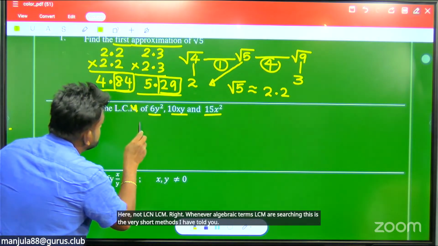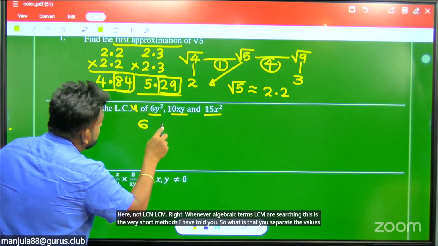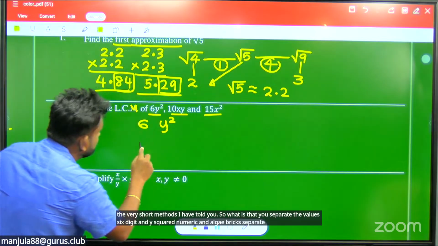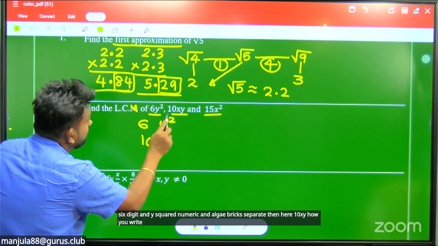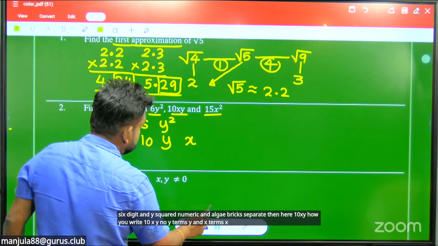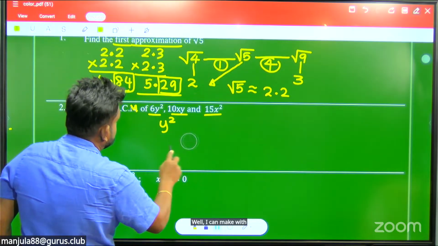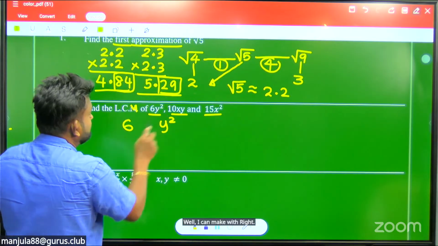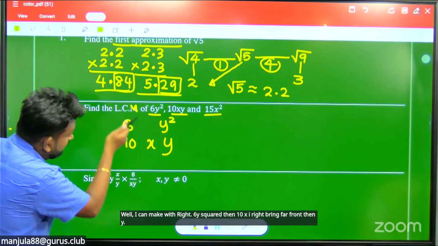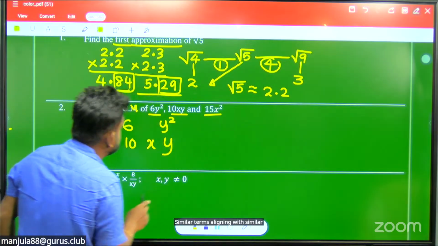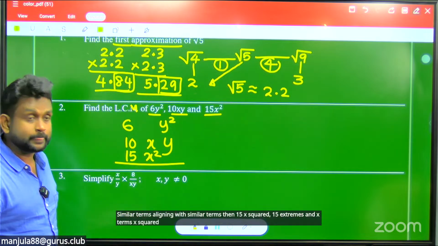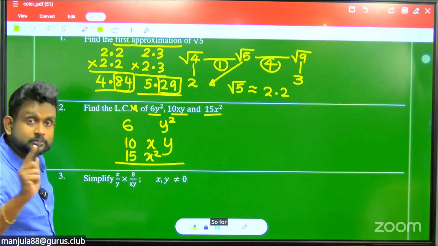You separate the numeric and algebraic parts. Here 6y squared, then 10xy: write x terms with x, y terms with y. Similar terms aligned with similar terms. Then 15x squared, with x terms under x squared. Now you check. For the numeric parts 6, 10 and 15, choose the biggest one.